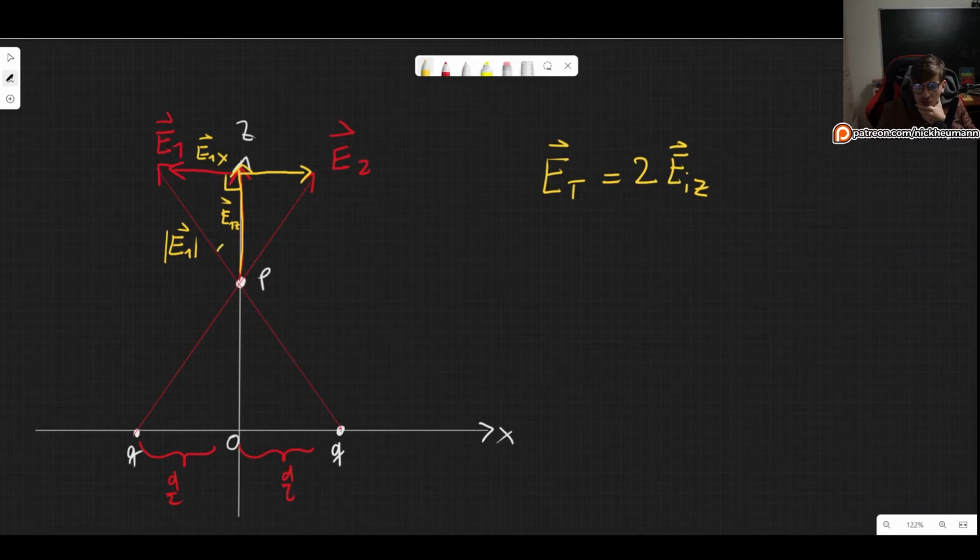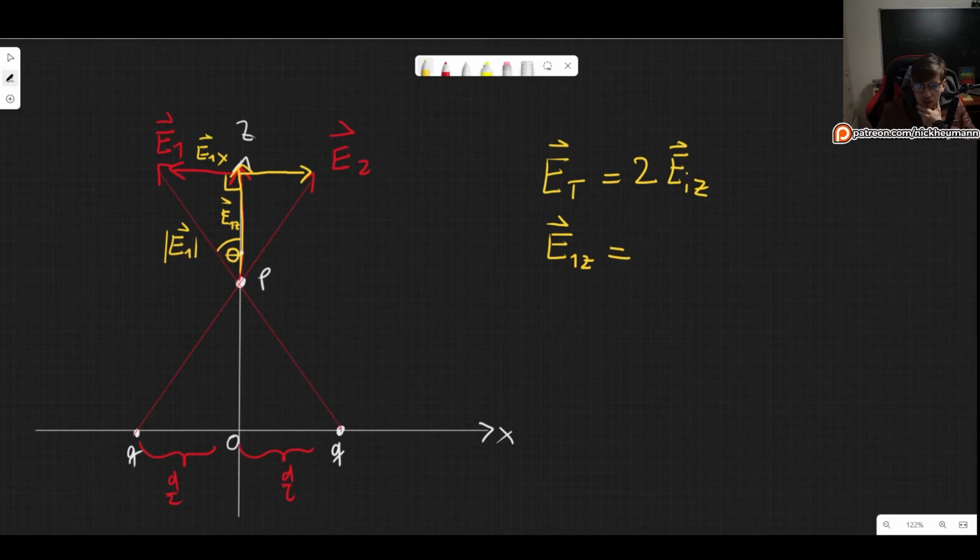So we can see that there is an angle here. We don't know what it is. We can just call it theta. And in terms of that theta, we could write E1z, the electric field due to charge 1 in the z direction. Now look at this drawing here.